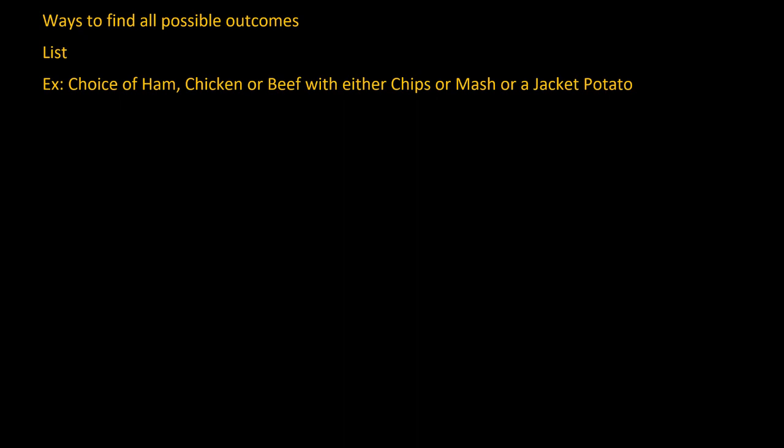You can either have ham, chicken or beef, and then you can have that with either chips, mash or a jacket potato. So if we use an H for ham, C for chicken and B for beef, and then we'll use CH for chips because we've already used C, M for mash and J for jacket potato. So now we can create a list of all the possibilities.